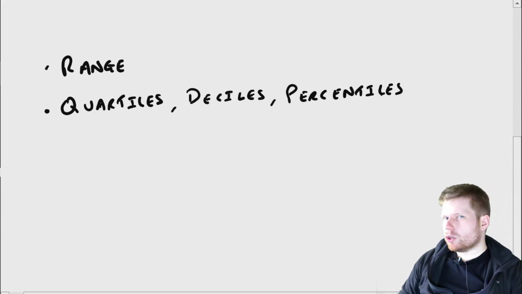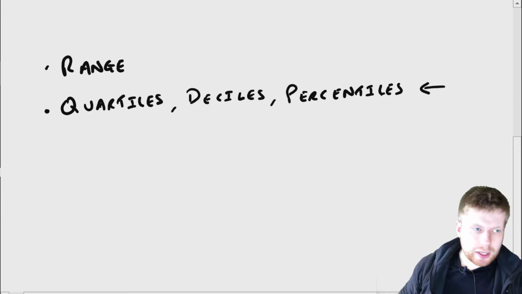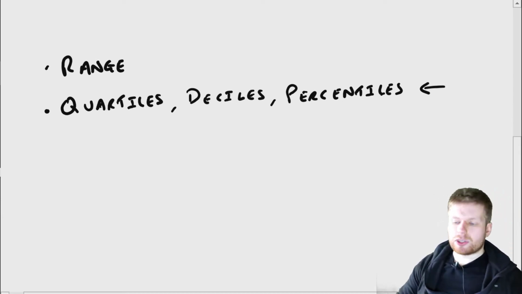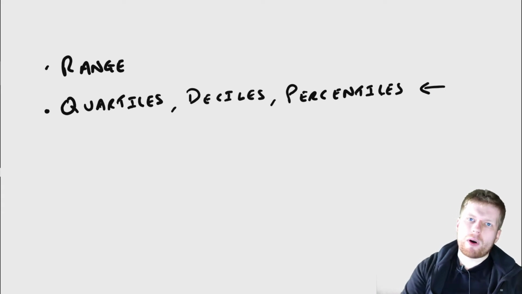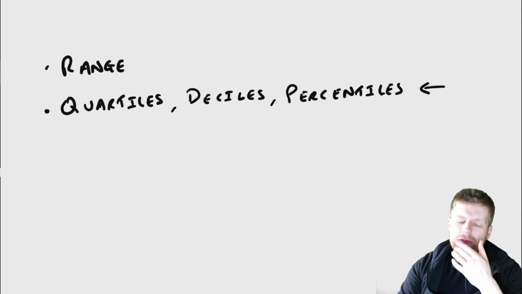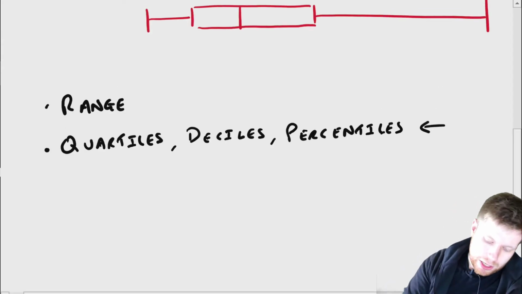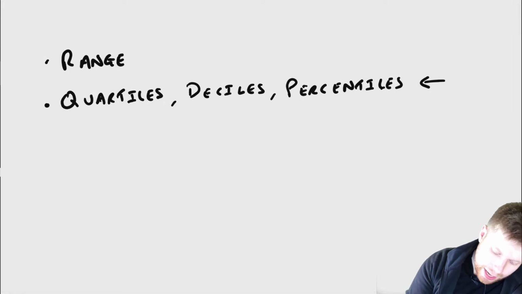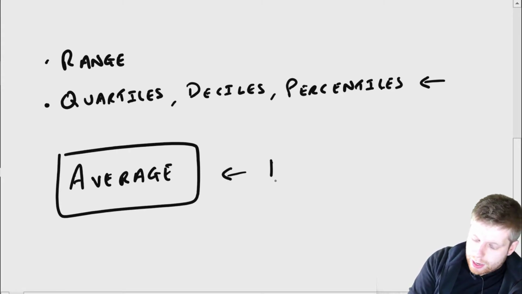But there's a couple of issues with each of these measures of spread. Let me work with these first. With the quartiles, deciles and percentiles, where you're splitting the data up into equal chunks and then seeing how far apart those split points are, the issue is that there's more than one value. If I go back to my measure of central tendency, my averages, that is simply one value.